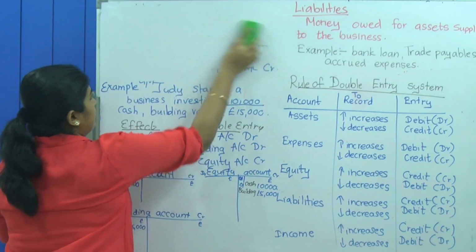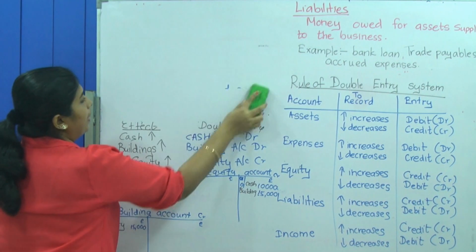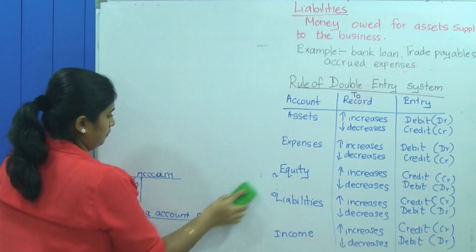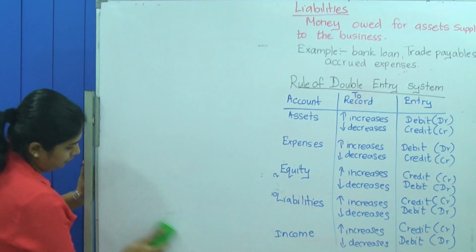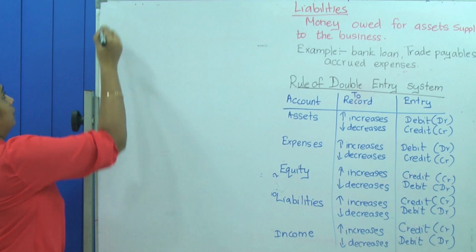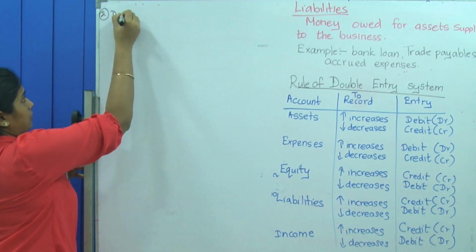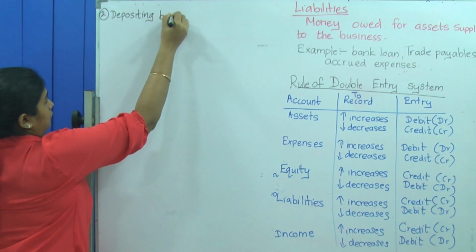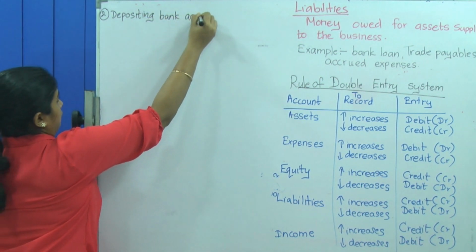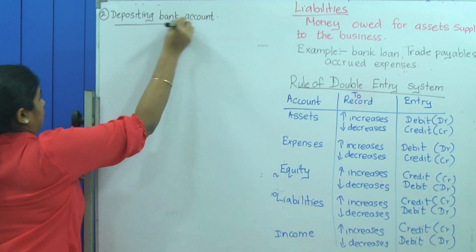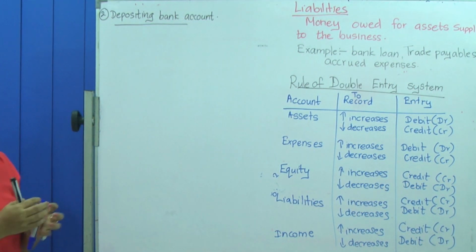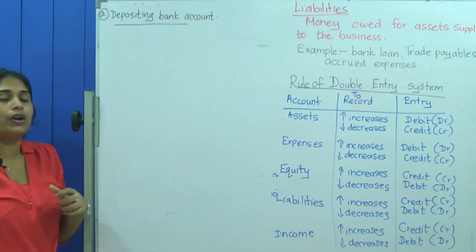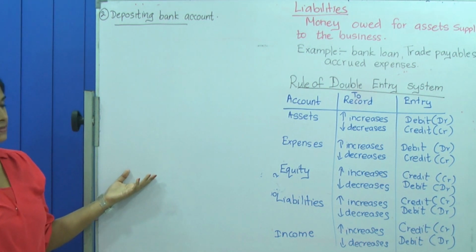It's called depositing in the bank account. Deposit in bank account means these days, because of the development, people or businesses do not carry cash when we are doing transactions.